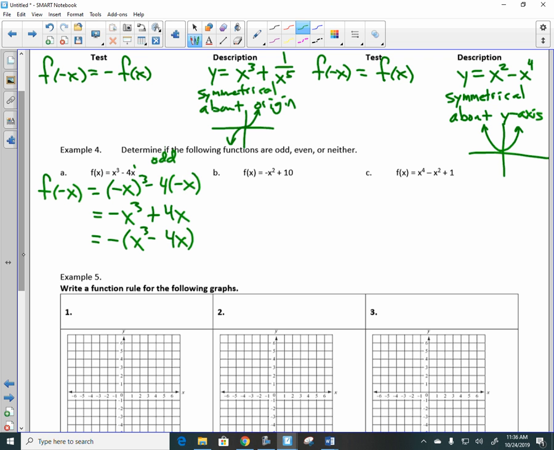So notice how I'm going to end this. I have a negative sign, and then instead of writing x cubed minus 4x, notice x cubed minus 4x is the same thing as f of x. So I started with f of negative x, and I produced negative f of x.